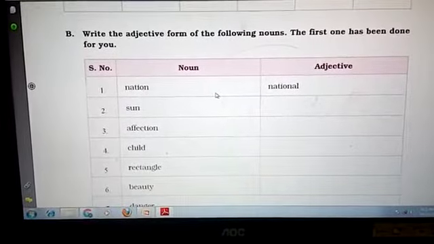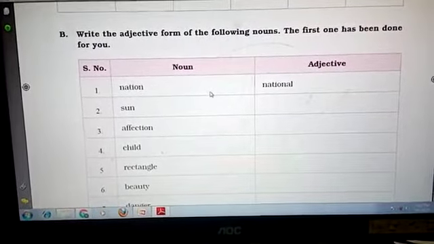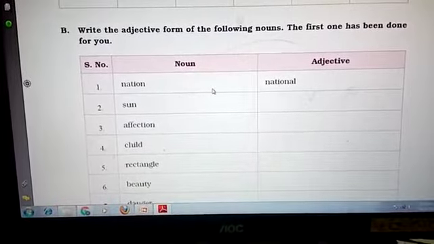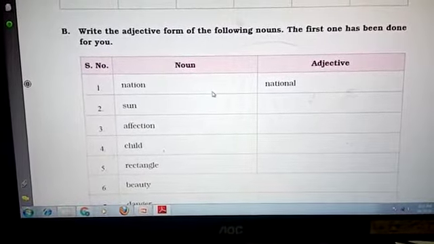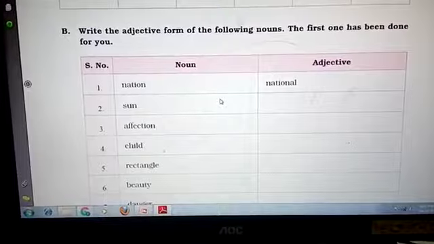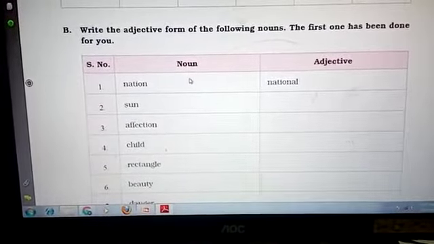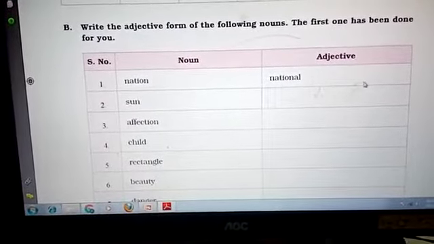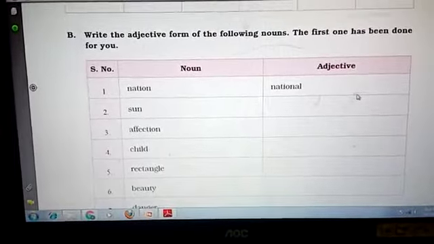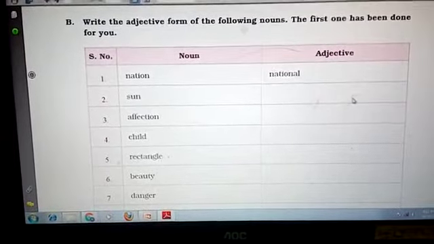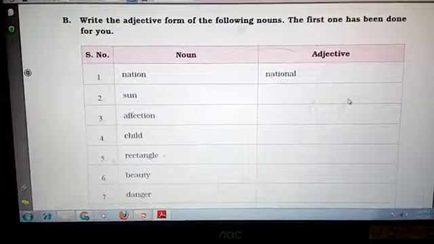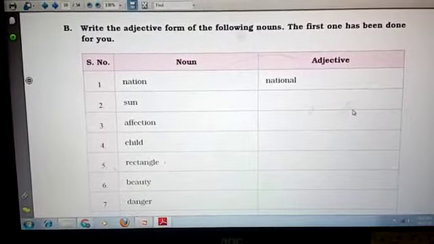The next question: write the adjective form of the following nouns. First one has been done for you. Now you have to convert given nouns into adjectives. To convert these nouns into adjectives, suffixes also help us.